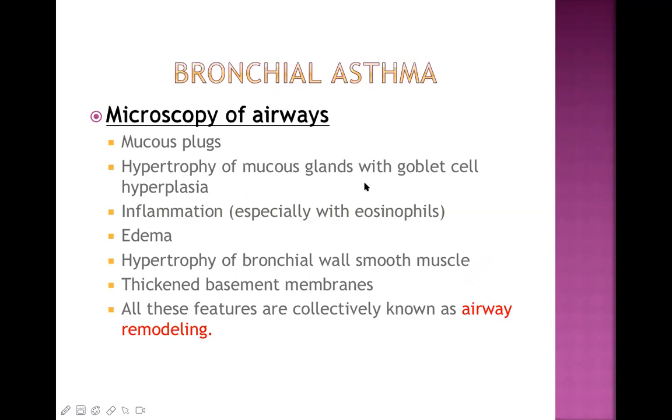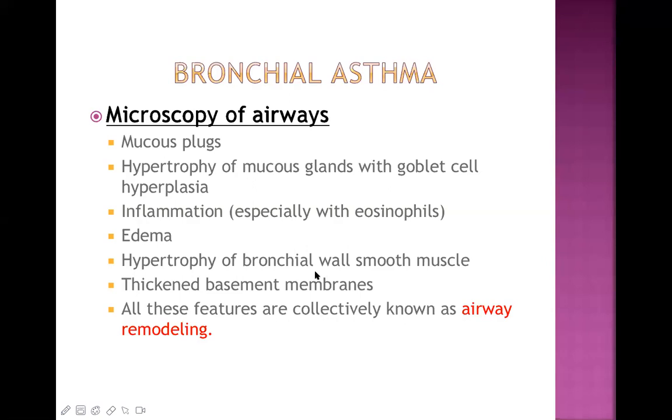There is hypertrophy of mucus glands with hyperplasia of goblet cells. As a result, there is a lot of mucus secretion. The airway is inflamed, especially with eosinophils, because this is an allergic disease, so it is easy to remember. The whole airway is edematous, which is why it is very narrow.